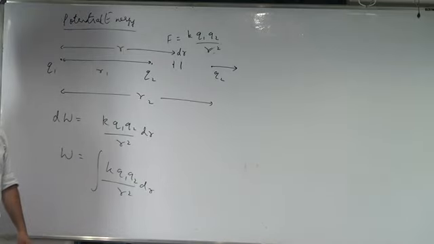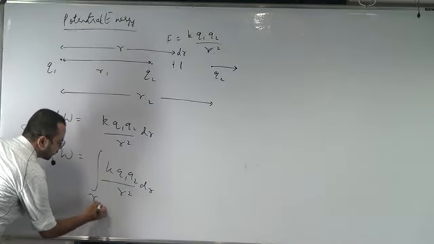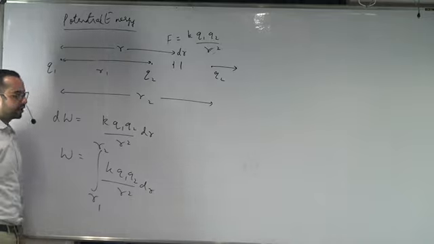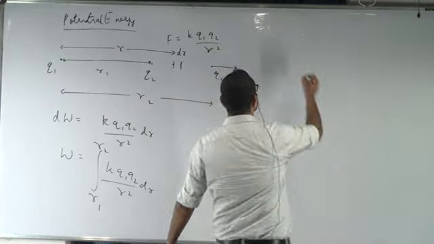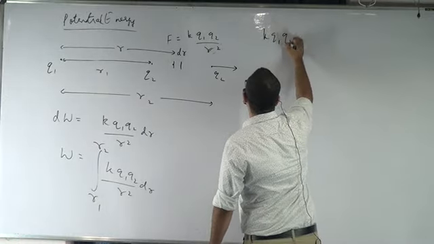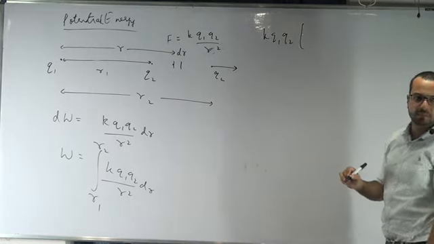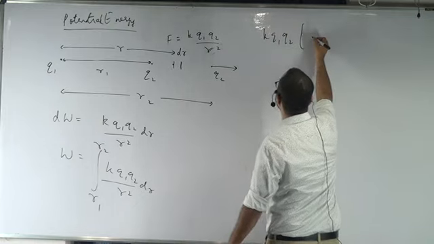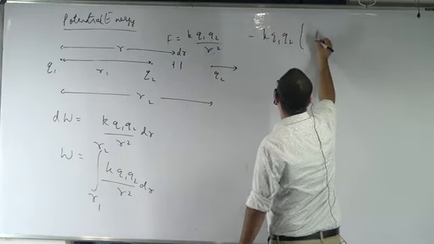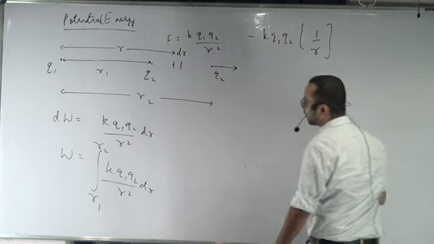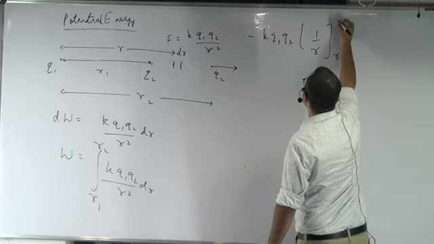And what would be the limits of integration? From r1 to r2. The limits of integration will go from r1 to r2. So what do I get? I get k q1 q2, that's a constant, times the integral of dr by r square, which is minus 1 by r. So the minus sign I can take out, and then I have 1 by r, with the limits from r1 to r2.